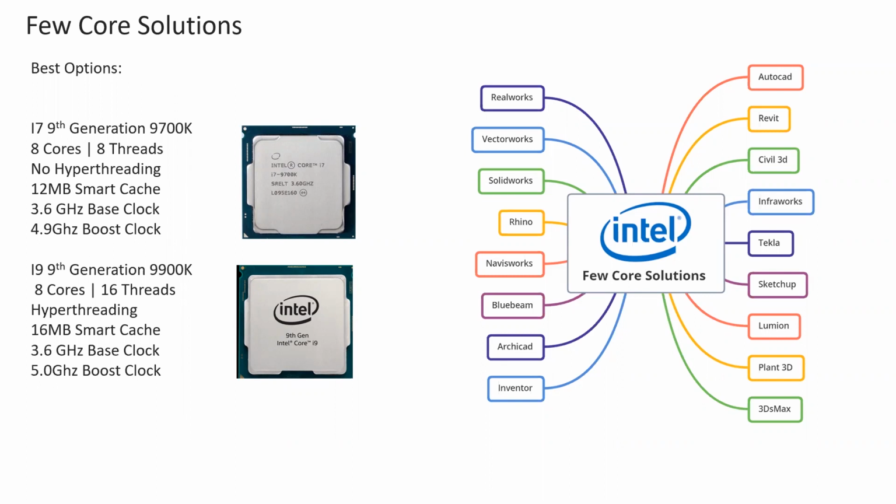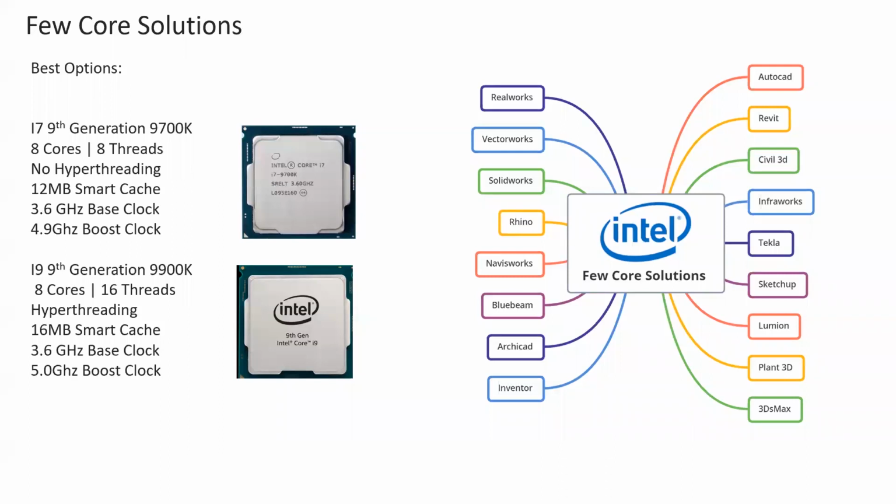Right now, you're seeing the i7 9th generation 9700K being advertised, as well as the i9 9th generation 9900K. The reason being is these are the 2 fastest processors out there right now. In few core solutions, Intel is king of the hill. Intel has the fastest processors, which makes for the best experience in few core solutions.